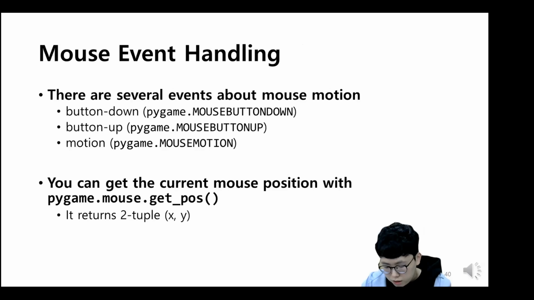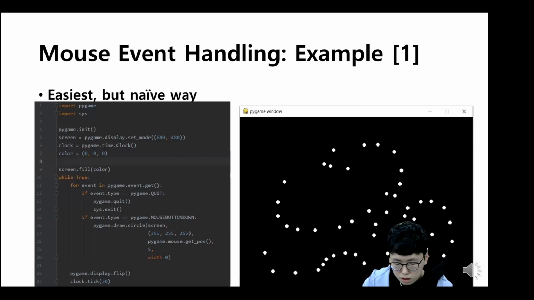When we play a game, we usually use the mouse. So clicking the mouse is a common example of event handling. Also, this is a sample code for mouse event handling, but you don't need to memorize it right now.